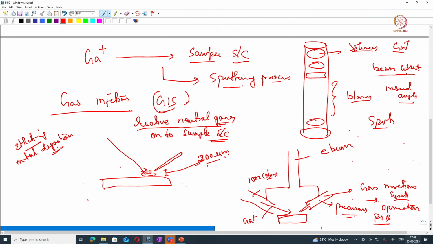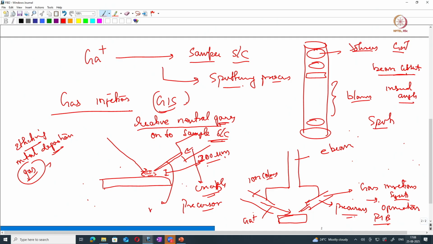Okay, so the GIS system is nothing but a controlled flow of gas from the crucible. This is your crucible, which contains the GIS precursor. We call it a precursor, and it is delivered onto the sample surface through a nozzle.